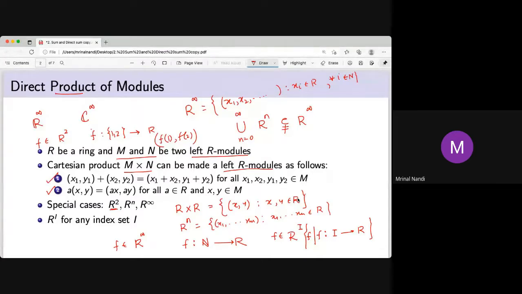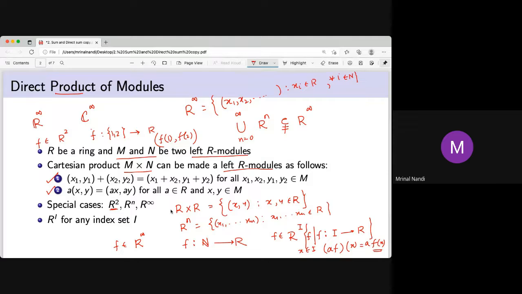Similarly, we can define the scalar multiple. f is an element of R to the power I. This is actually a function. You can define a into f, taken on any value x, where x is in I. So it is a into f(x). f(x) is in R, because f is a function from I to R and x is in I. So a into f(x) is defined in R. And you can easily check the other conditions of the module, so R to the power I, where R is a ring, is a module.